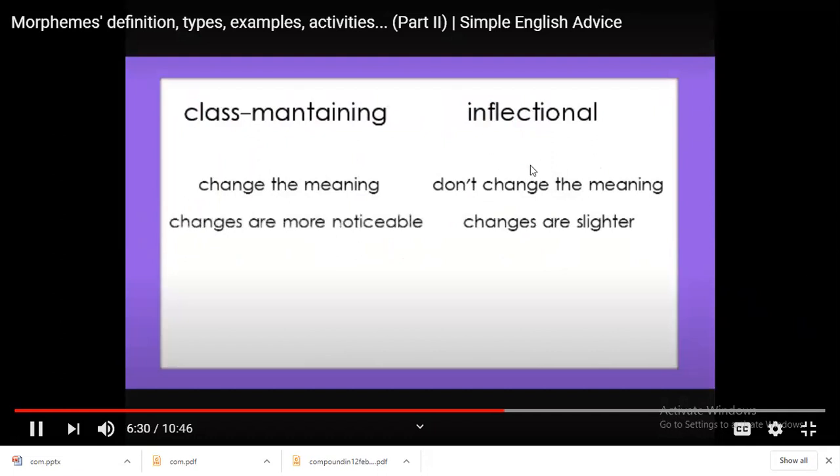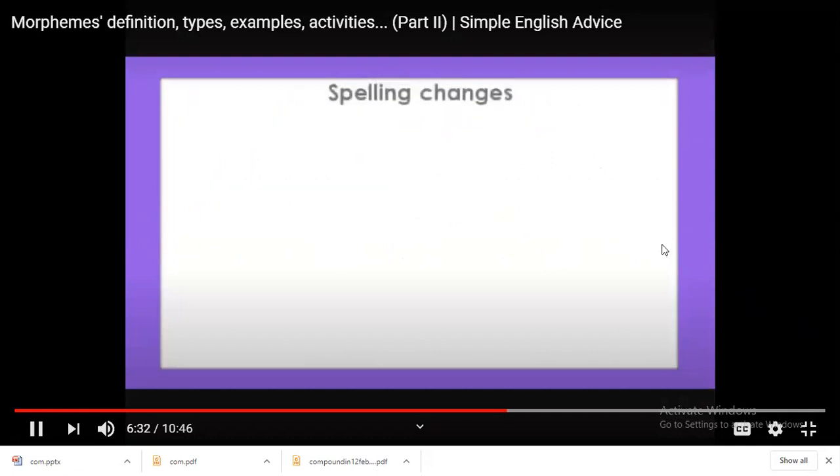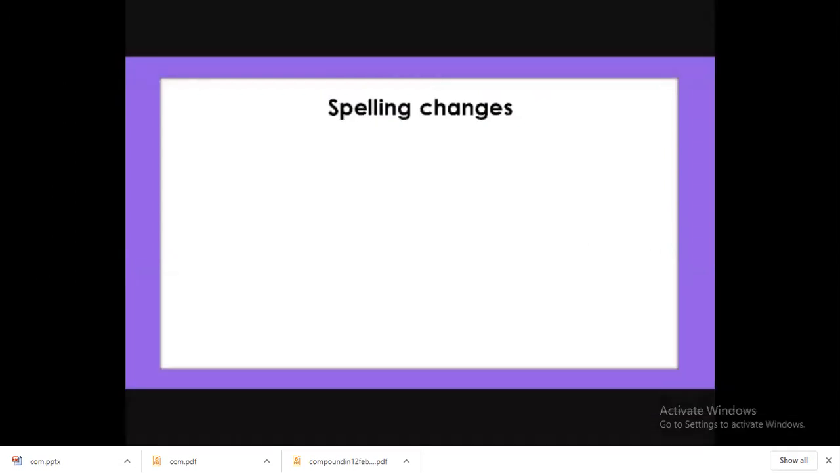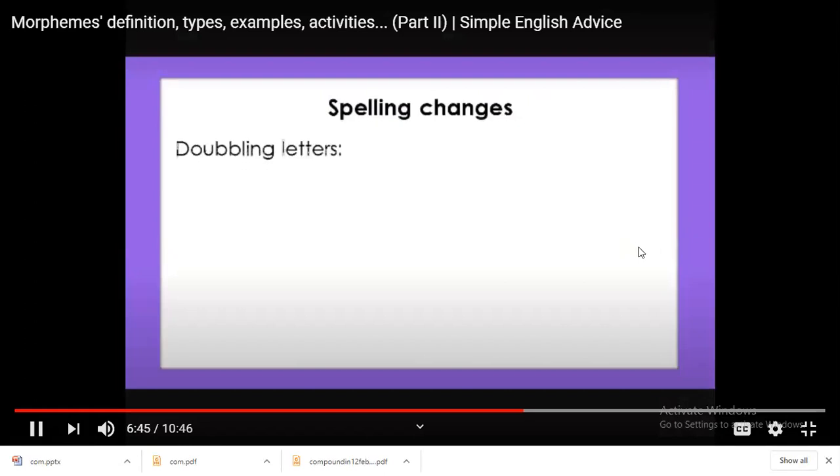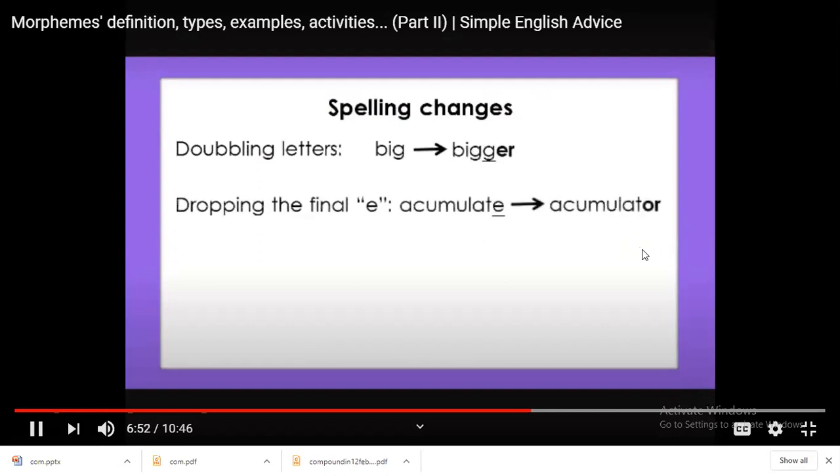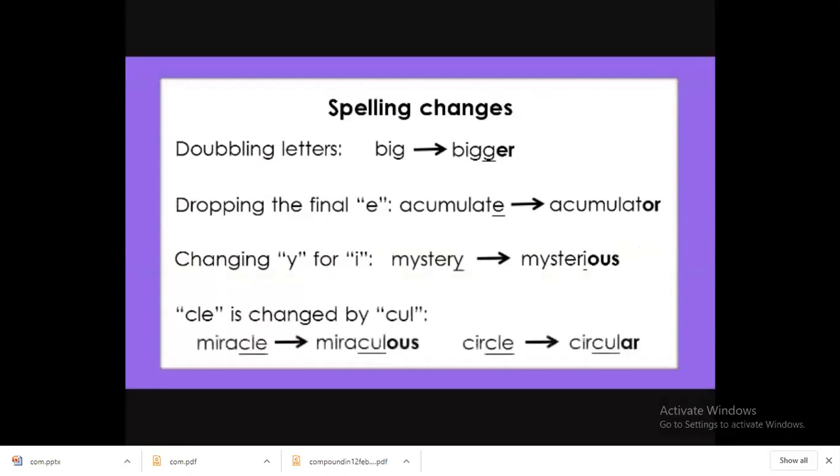If you notice, when we use morphemes, there can occur some spelling changes. There are some cases that don't seem to have rules for the spelling when adding a morpheme, but here we can point some examples and patterns. For example, doubling the final consonant in some cases. In many instances, dropping the E, changing Y for I, or just removing the Y. Co is sometimes changed by cool.